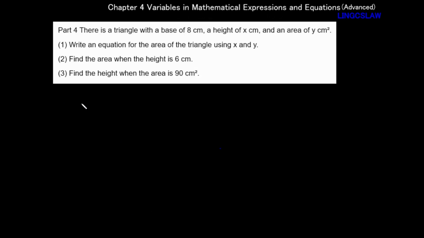There is a triangle with a base of 8 centimeters, height of x centimeters, and area of y. Write an equation for the area of the triangle using x and y. So if you write a diagram, base of 8 and the height, height of x and the area of y.